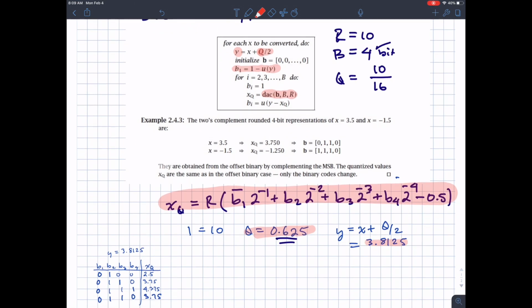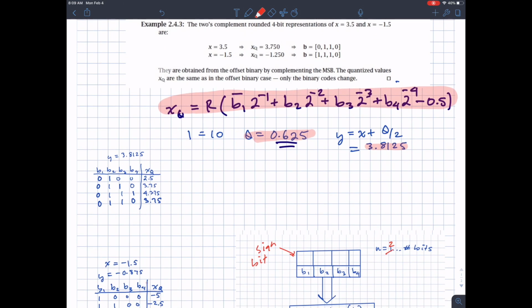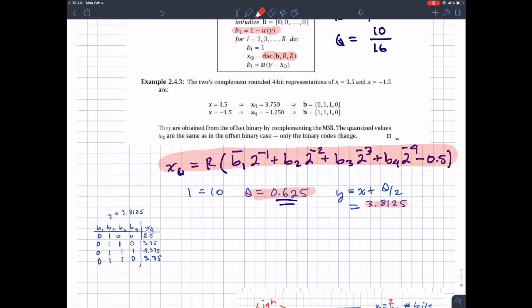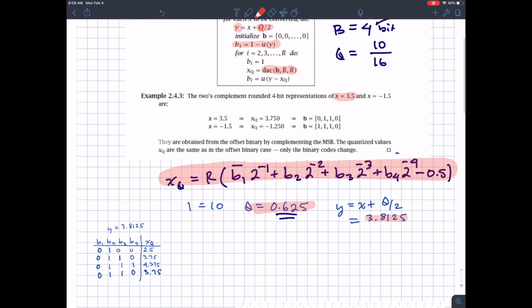You get 3.8125. Since that's a positive number, you remember from 2's complement, if it's a positive number, you set the most significant bit to 0. So as we go through this algorithm, we know immediately the first bit is a 0 for quantizing x equal 3.5.